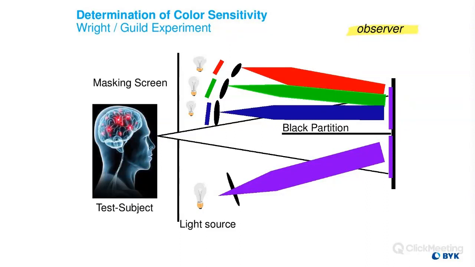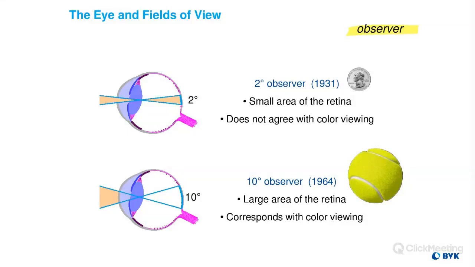It was the test subject's objective to adjust the power level or the intensity level of those three colored lights on the top until the mixture of those lights matched the light source projected on the bottom part. And by repeating this experiment with different test subjects in many different colors, we were able to ascertain the sensitivities of those cones, which we call the observer functions.